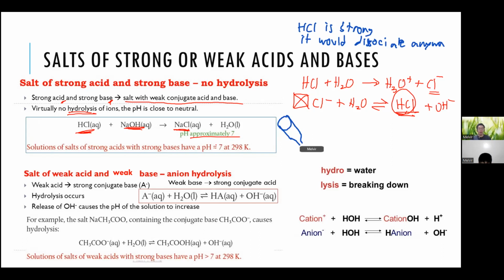So pH yan ay near 7. Okay? So, yan ngayon yung situation for strong acids and strong bases. Para madali mo palang maano, let's say kung ano siya, mag-undergo na hydrolysis or hindi.